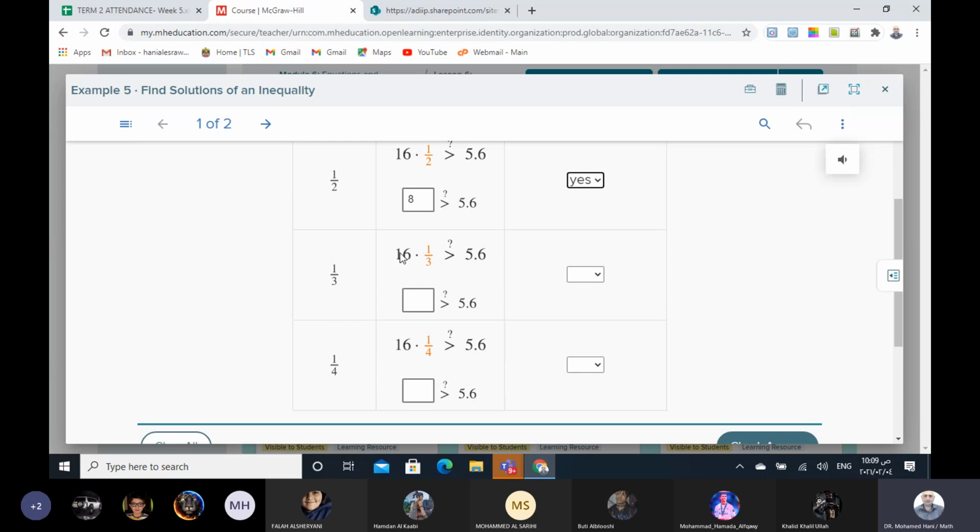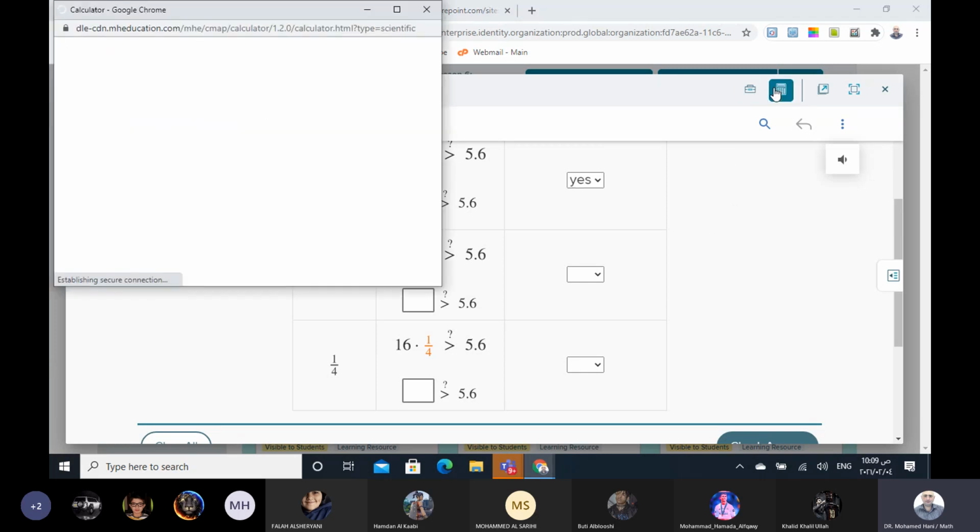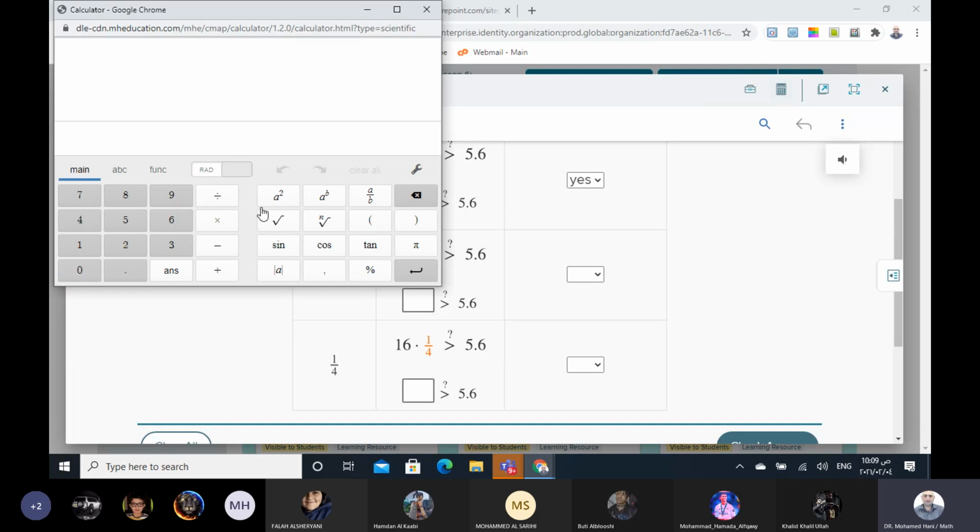So we can write now 16 times 1 divided by 3. 16 times 1 is 16. Now try to find 16 divided by 3. It will be about 5.3333, etc.